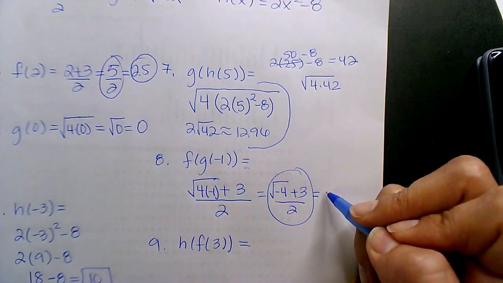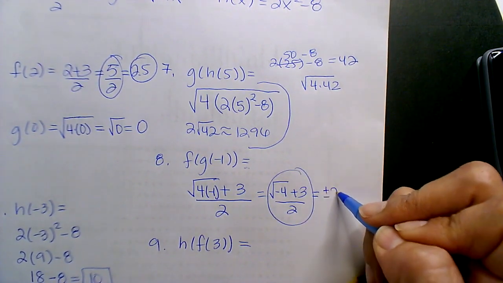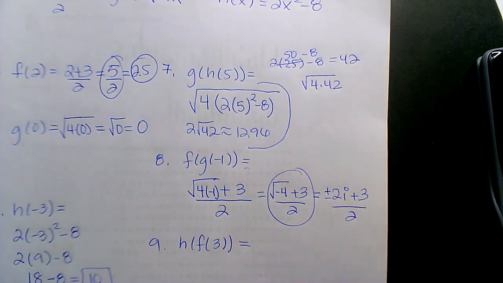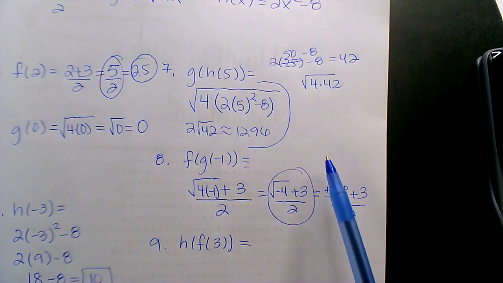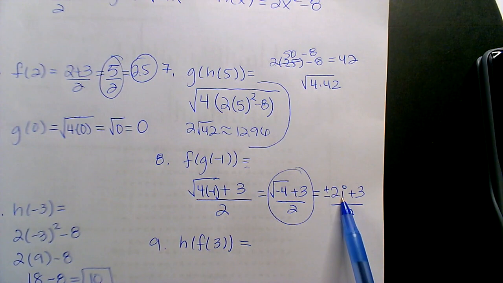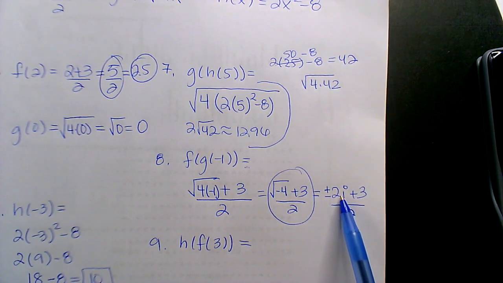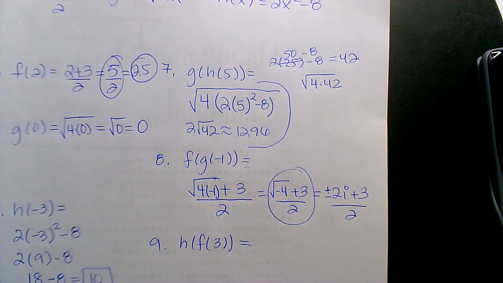But if you wanted to go through with it, it was plus or minus 2i plus 3 over 2, if you guys remember that i. I didn't dock students off if they didn't do the plus or minus, because that was totally last semester. And you can't put that in your calculator. The i is going to reject on the calculator because it's an imaginary number.